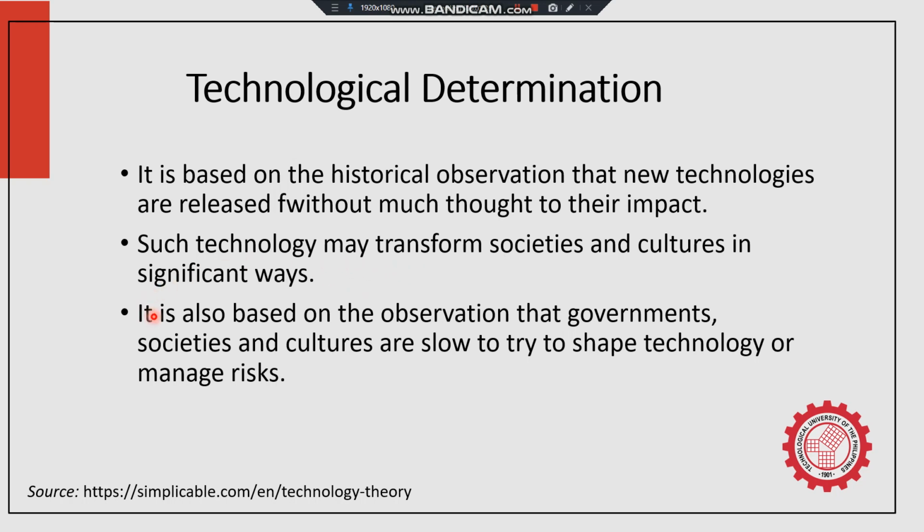Okay, it is also based on the observation that governments, societies, and cultures are slow to try to shape technology or manage risk. The technological determination, meaning to say, it says that a certain technology could change rapidly or slowly, or it could be stagnant. It depends on the society.